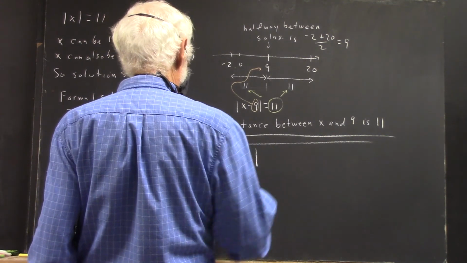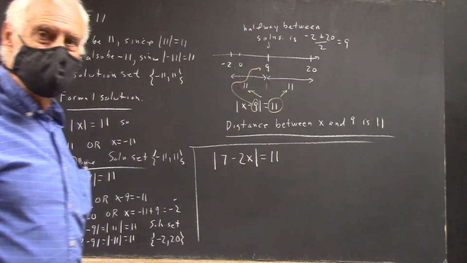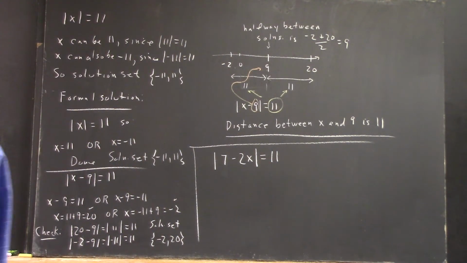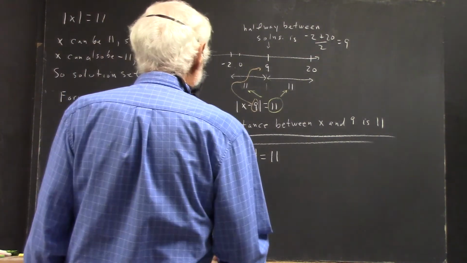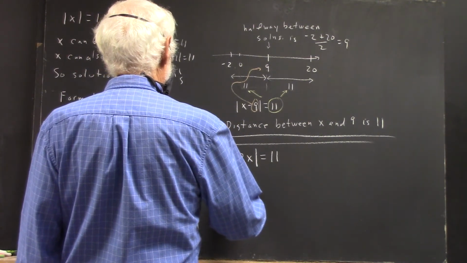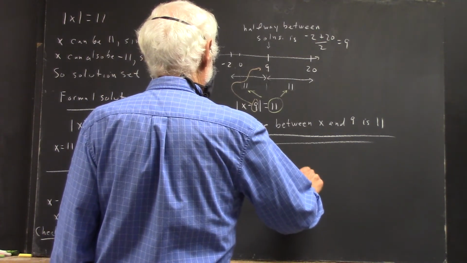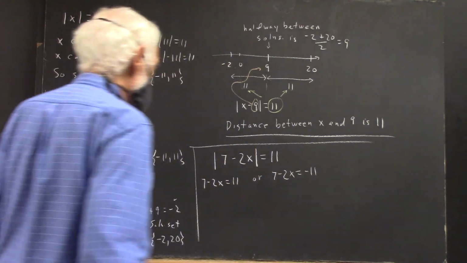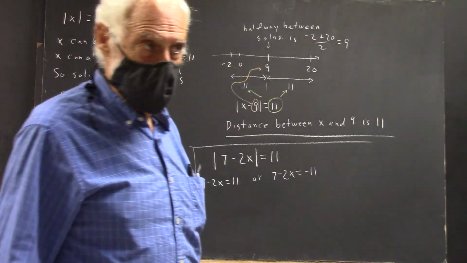Let's say it's absolute value of 7 minus 2x. I'm just going to stick with 11. Okay? Well, this means 7 minus 2x is 11, or 7 minus 2x is negative 11.